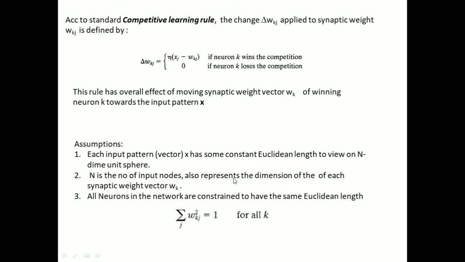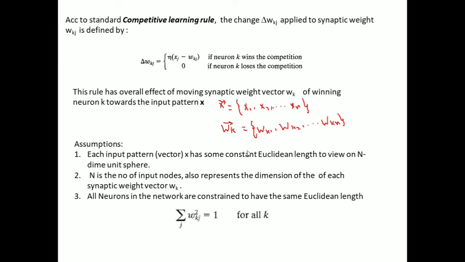length which can be viewed on an n-dimensional unit sphere. Here n denotes the number of input nodes, which also represents the dimension of each of the synaptic weight vector Wk. And the third assumption is all neurons in the network are constrained to have the same Euclidean length, with the constraint sigma Wkj squared iterated over j is equal to 1 for all k.